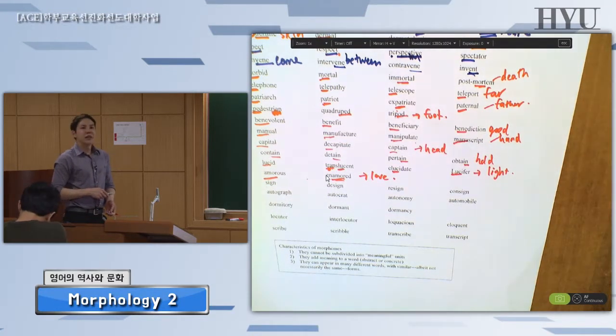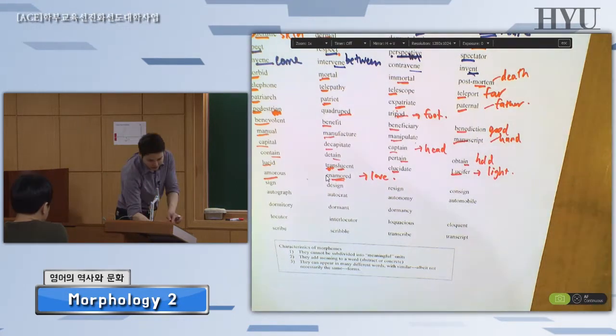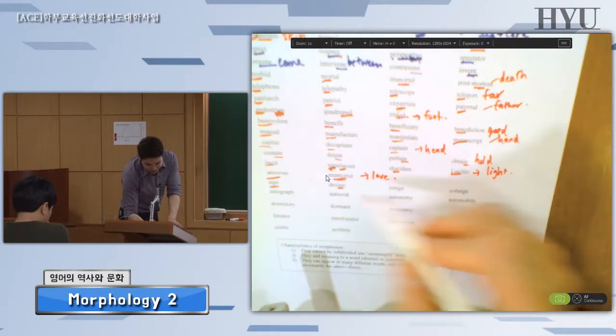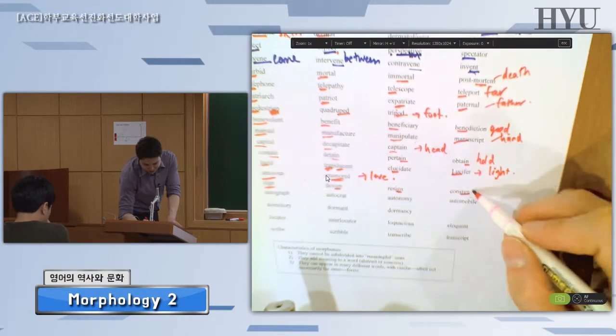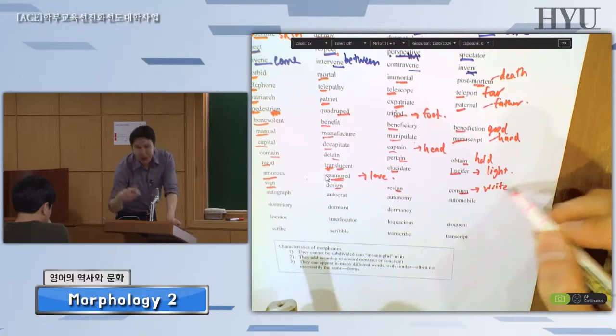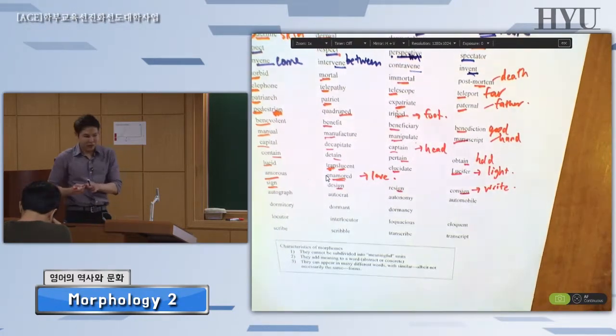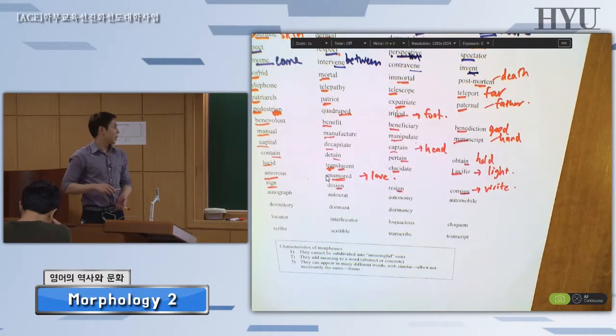Next line. Okay, so far so good. Next line, sign, design, resign, consign. Sign is to write, to sign, in other words, to write your name. Next one, autograph, autocrat, autonomy, automobile.